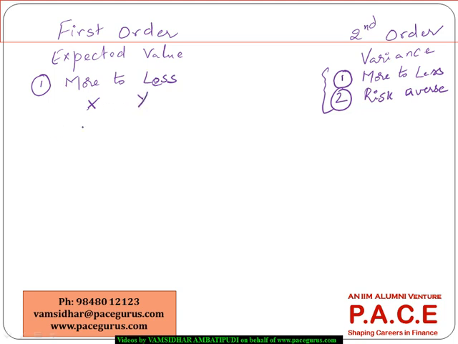What we are simply saying is X will dominate Y if the cumulative distribution function of X is less than or equal to the cumulative distribution function of Y for all values, and for at least one value, or a few values, we see that the strict less than symbol is observed.